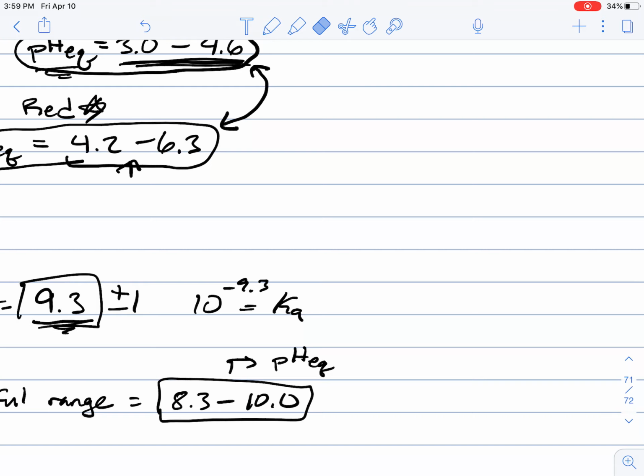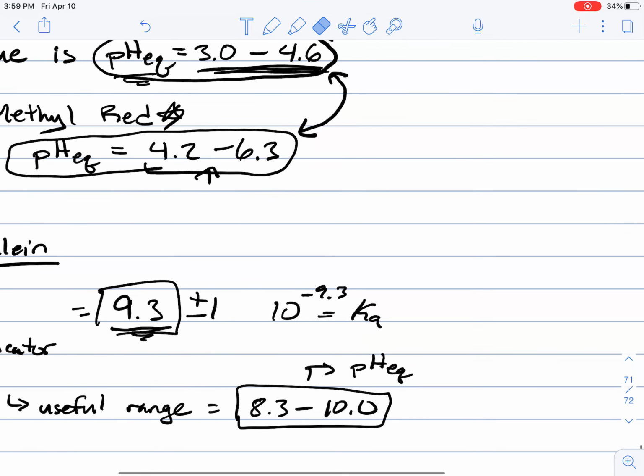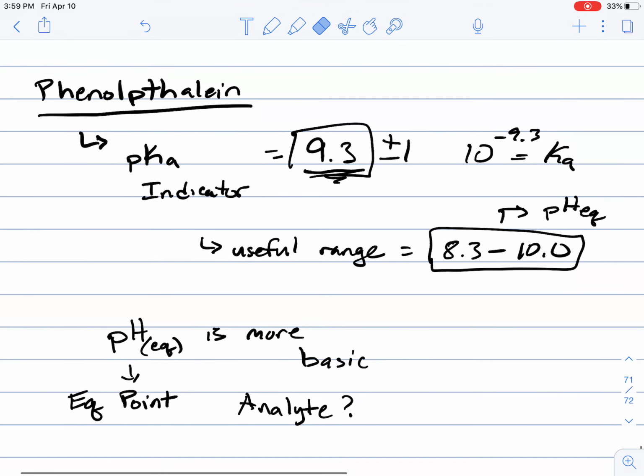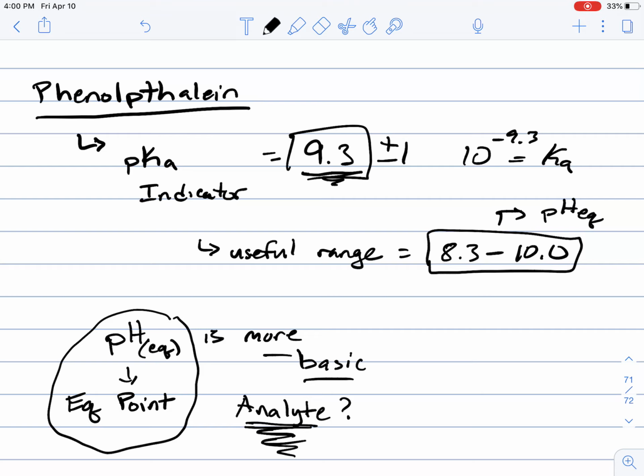And so the equivalence point is somewhere along the basic range. And so what does that imply about the analyte? Okay. If the pH at the equivalence point is more basic, what type of analyte do we have?